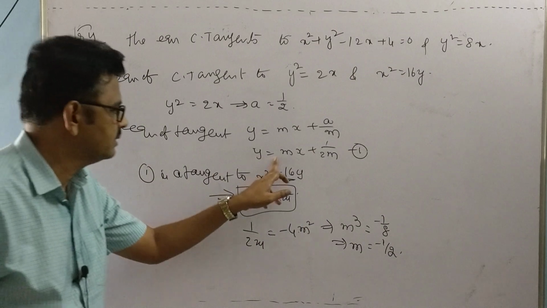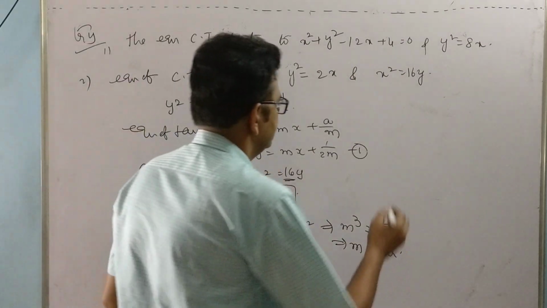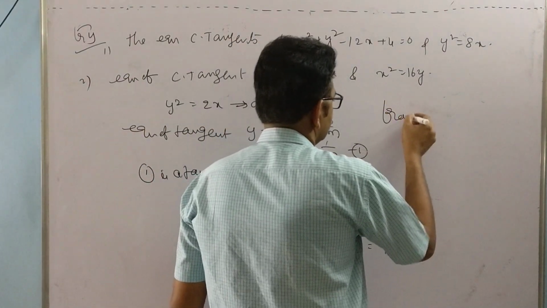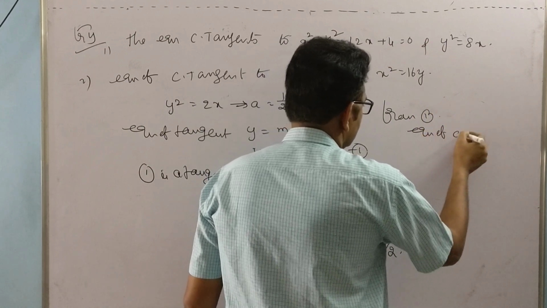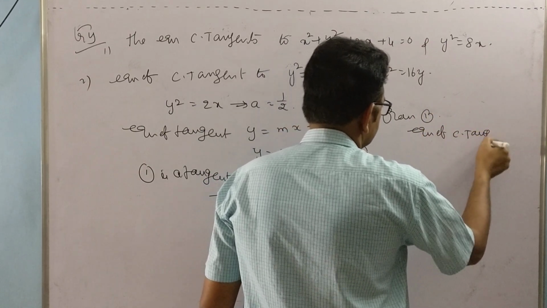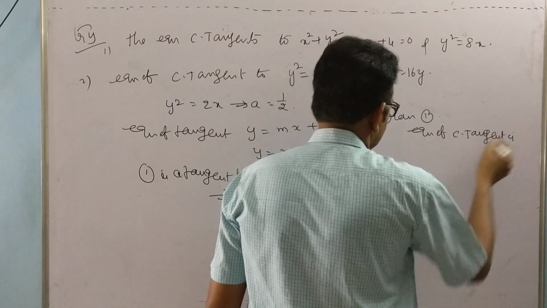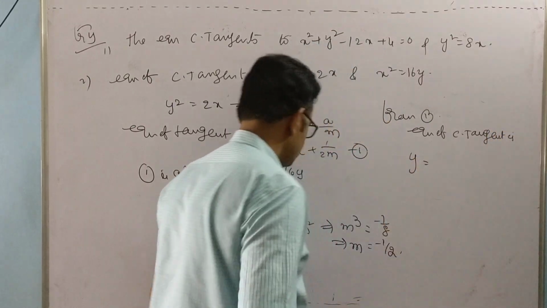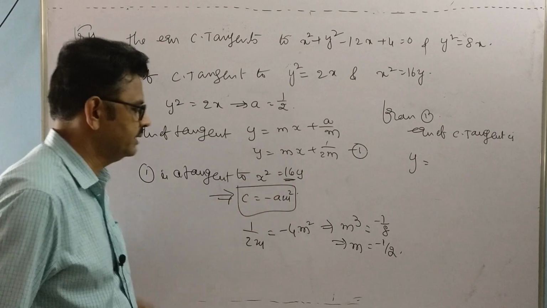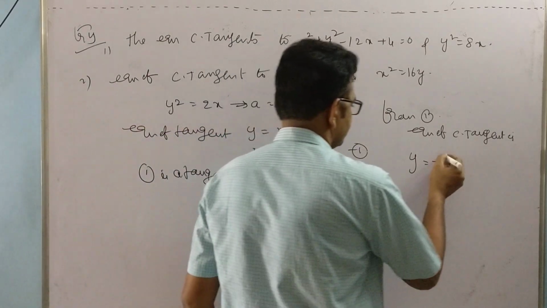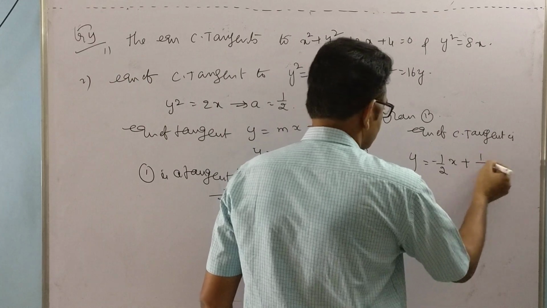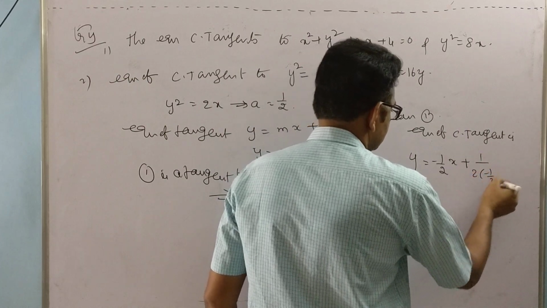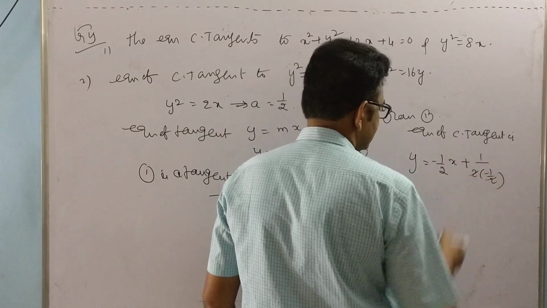Therefore from 1, the equation of common tangent is y is equal to minus 1 by 2 x plus 1 by 2m, where m is minus 1 by 2. So 2 gets cancelled.